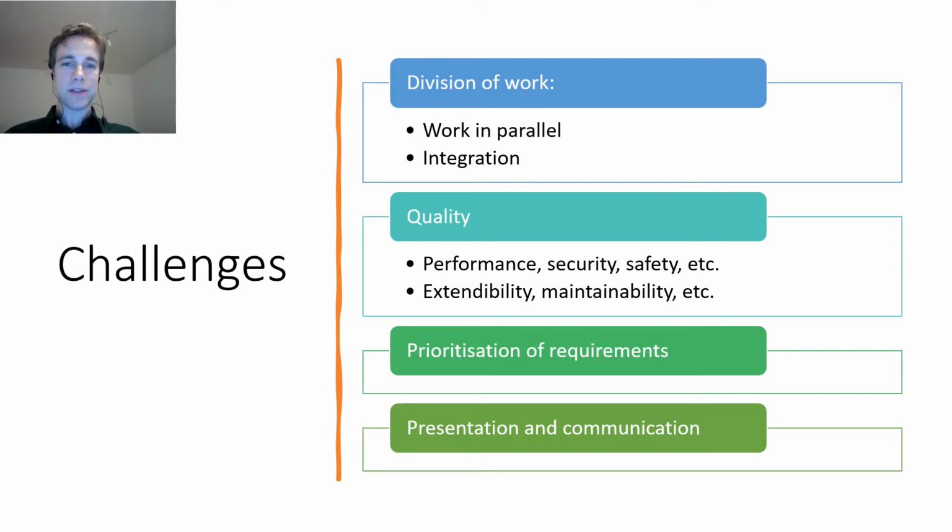That there was not enough focus on the quality properties of the software. And here we're talking about two sets of possible quality properties. The first set concerns the quality properties that the end user is going to perceive from the software product. That means how fast the software is, whether it's secure or not, or if it's a more complex software system, whether that software system is safe.